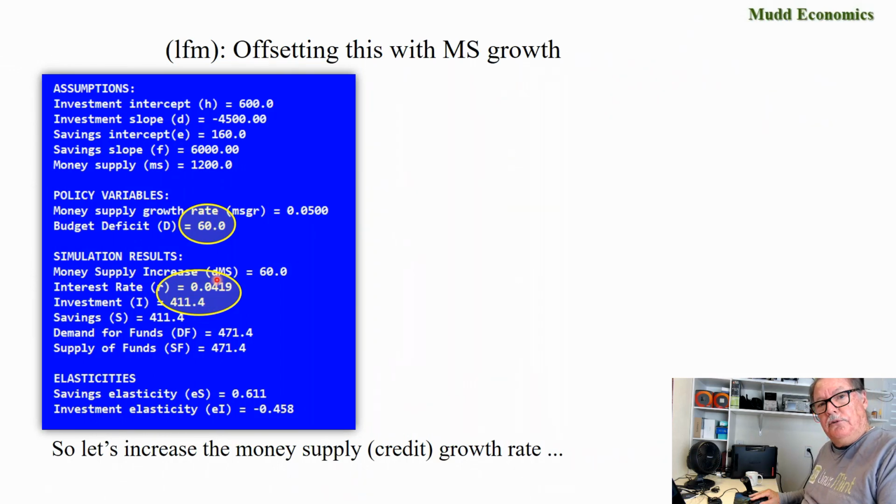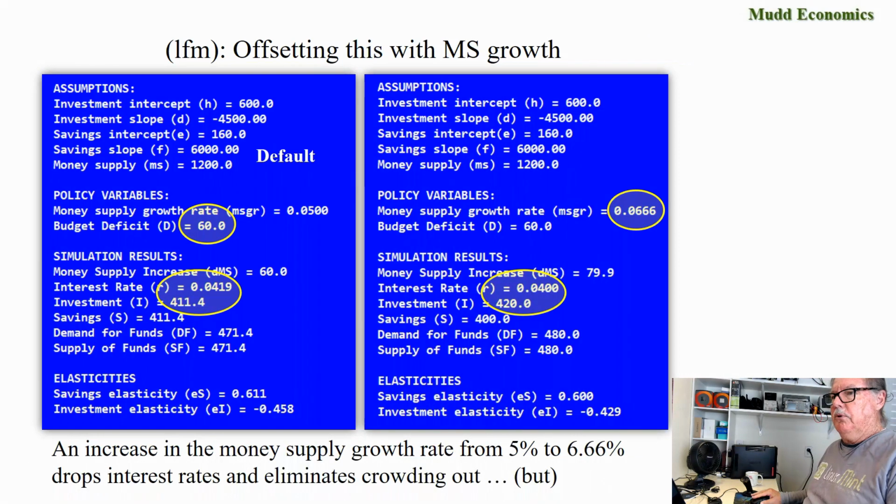So we ask, is there some kind of panacea to solve this crowding out problem? And you know the answer is a qualified yes. Let's increase the money supply growth rate. And so we do that. Originally it was 5%. Now it's the sign of the beast, 6.66%. And the budget deficit remains at 60.